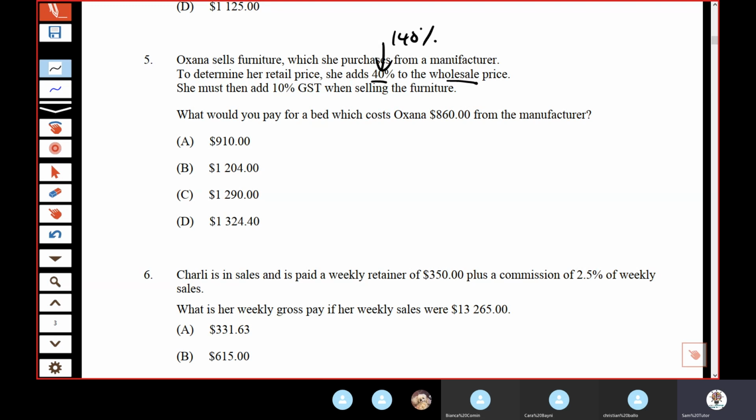It just won't work otherwise. She must then add 10%. So don't do 10 plus 40 is 50%. You first do the 140, then you add 10%, which is 110. What would you pay for a bed when it cost 860 for Oksana? It'll be 860 times 1.4, or 140%, times 1.1, or 110%. And that's apparently B.